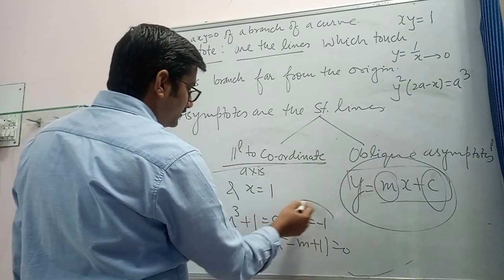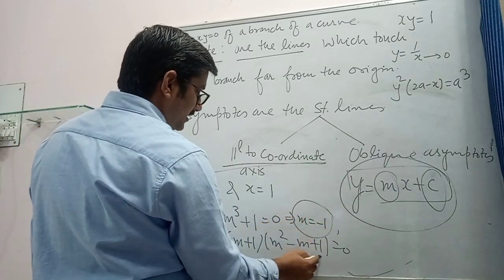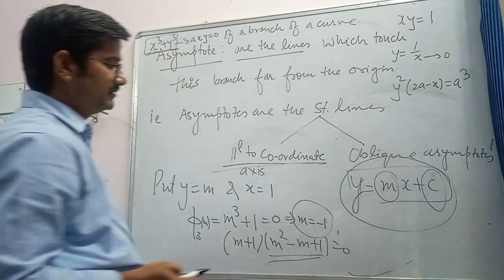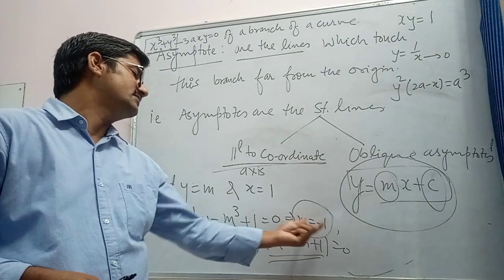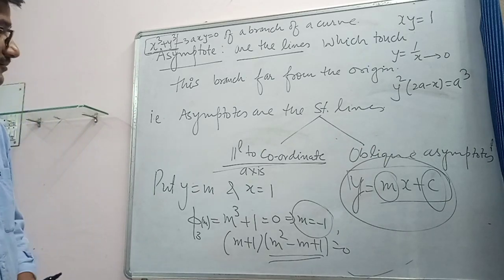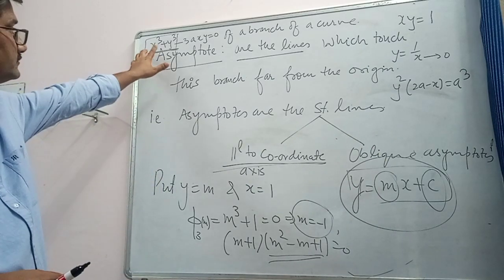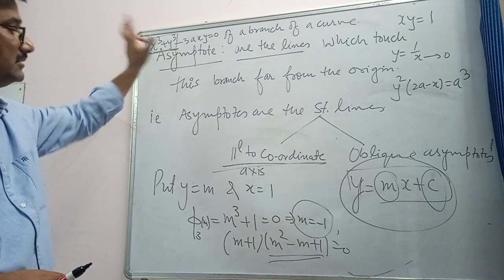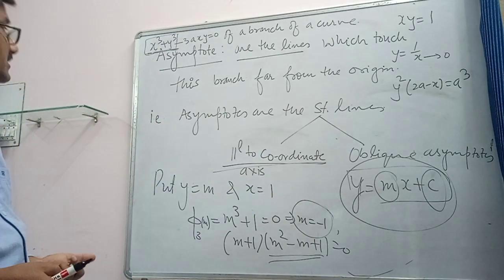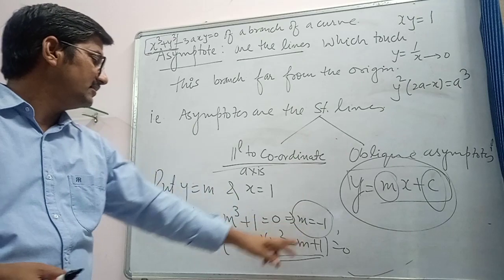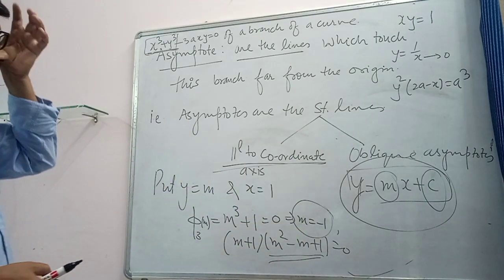So one value of m is real, other values of m are imaginary. It means the other two asymptotes are imaginary and one is real. So we must assure that we will find the 3 asymptotes, and how many are real and how many are imaginary. So only one is real and the other two are imaginary.